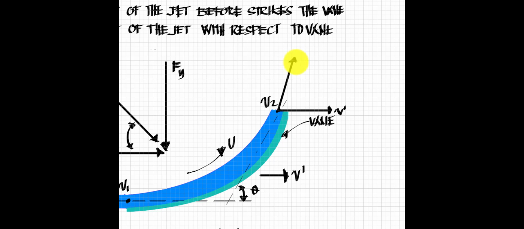So you have here your relative velocity, then we have the absolute velocity of the jet as it leaves the vane. So it's the absolute velocity we have here.